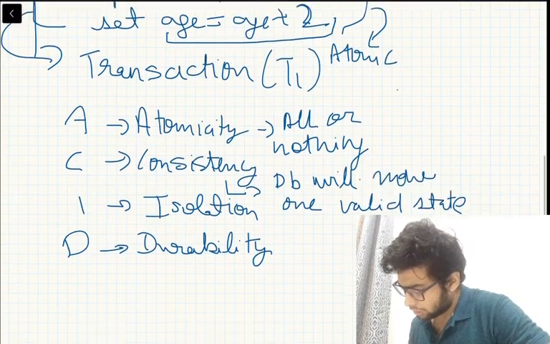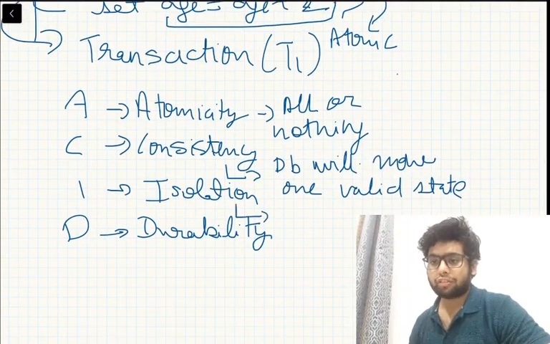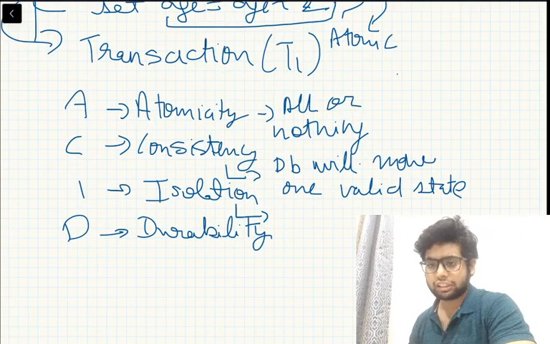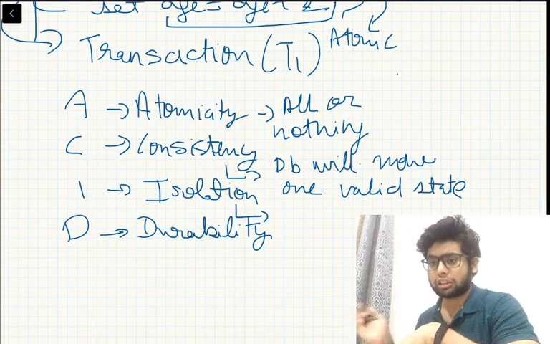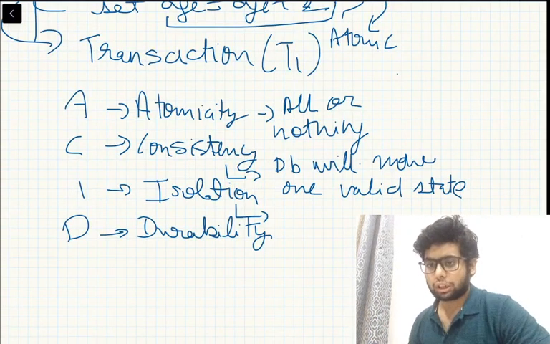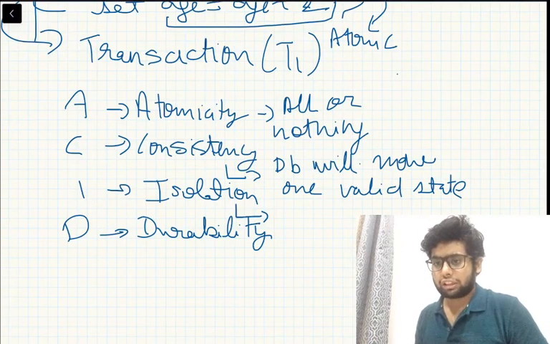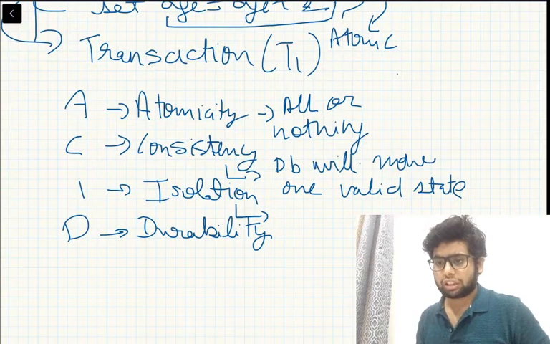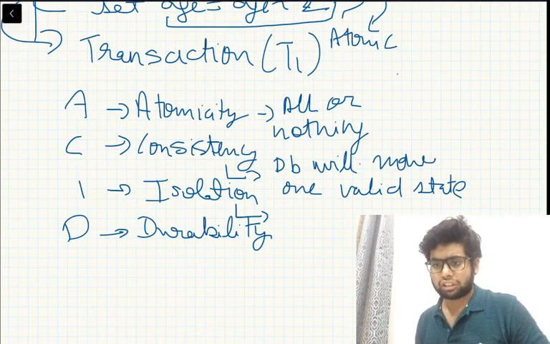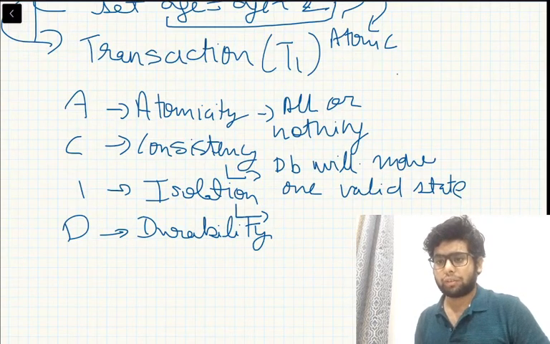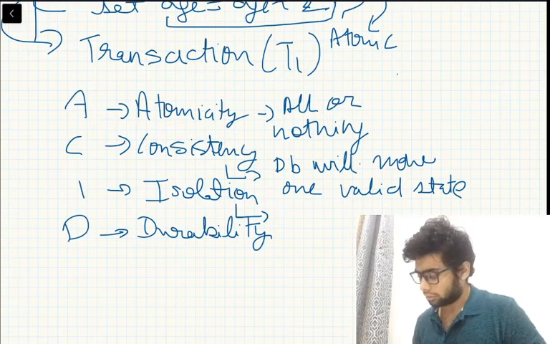Then isolation means that if two transactions, like this T1 and let there be another transaction T2, are executed in parallel, it wouldn't affect the result. T1 wouldn't affect the result of T2 and T2 wouldn't affect the result of T1. Even if they were executed sequentially, it will result in the same changes to the database.